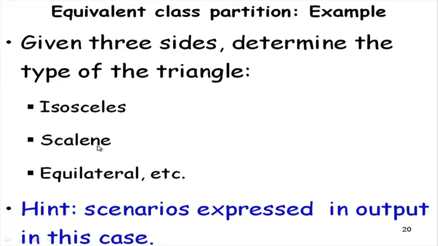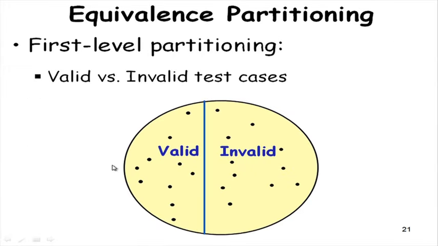So, we must have test data, equivalence classes defined corresponding to isosceles, scalene, equilateral, not a triangle, because different elements of the program are exercised when the function declares the 3 sides to be isosceles, scalene, or equilateral. So, we just take one value from here, one from here, one from here.